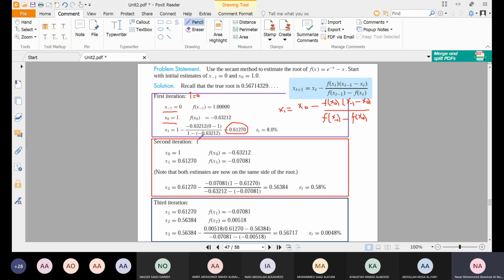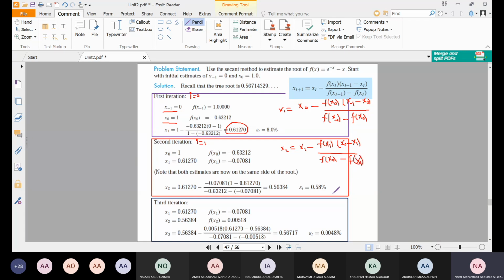For the second iteration, I equals 1. So x2 equals x1 minus f of x1, multiplied by x0 minus x1, over x0 minus f of x1.